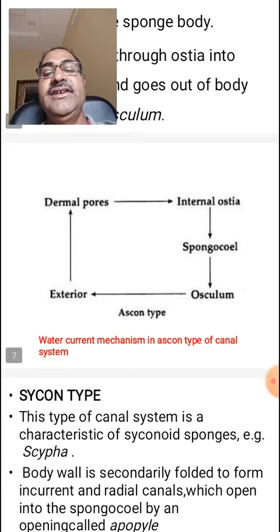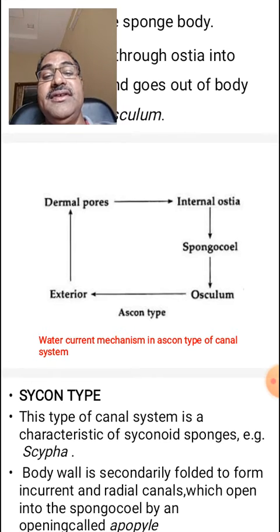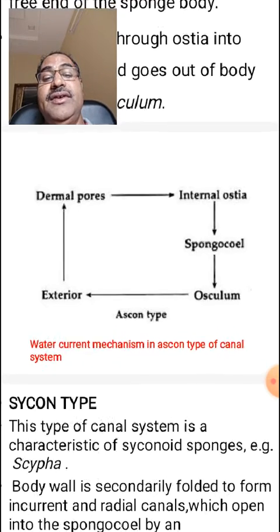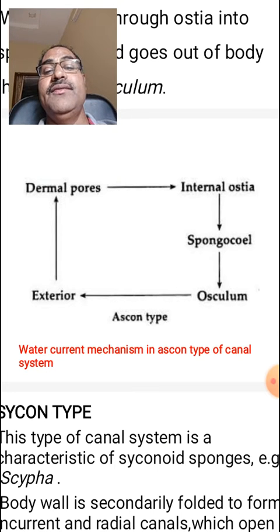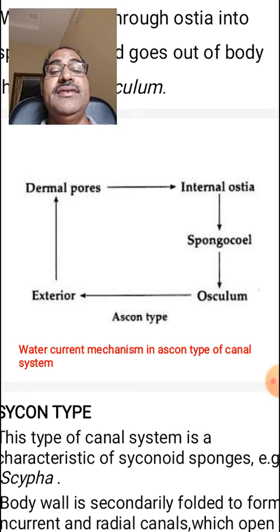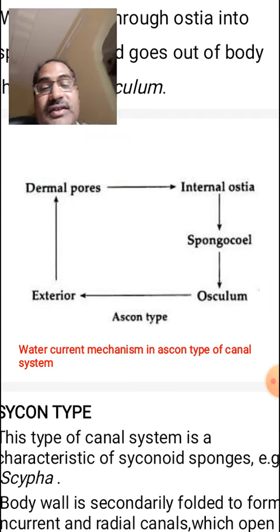So this is the representation of the water current mechanism. Water enters the body through dermal pores, internal ostia, spongocoel, osculum, and goes outside.